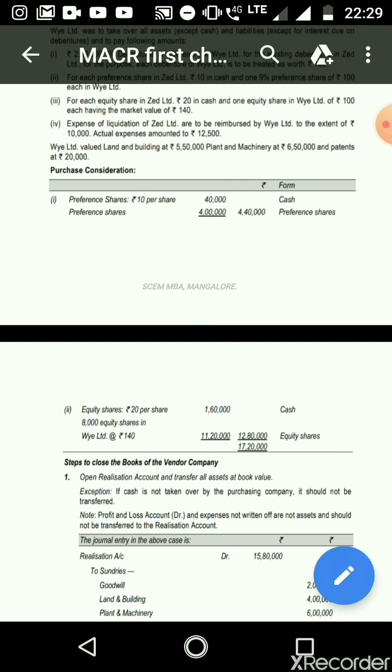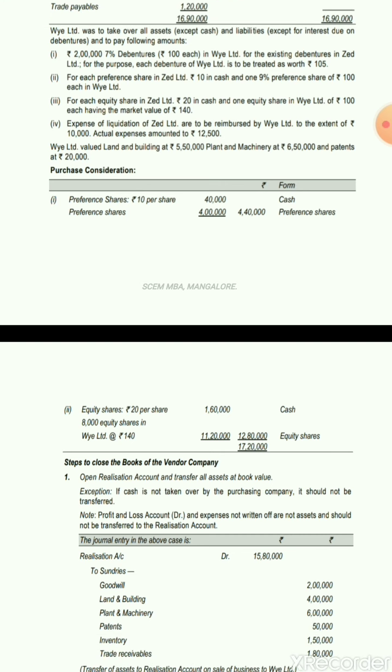Then expenses of liquidation of Z Limited are to be reimbursed by Y Limited. Actually Z Limited, which is transferor company, is getting liquidated because it is being taken over by transferee company, which is Y Limited, and the amount which is being reimbursed by transferee company is 10,000, but the actual amount of expenses is 12,500.